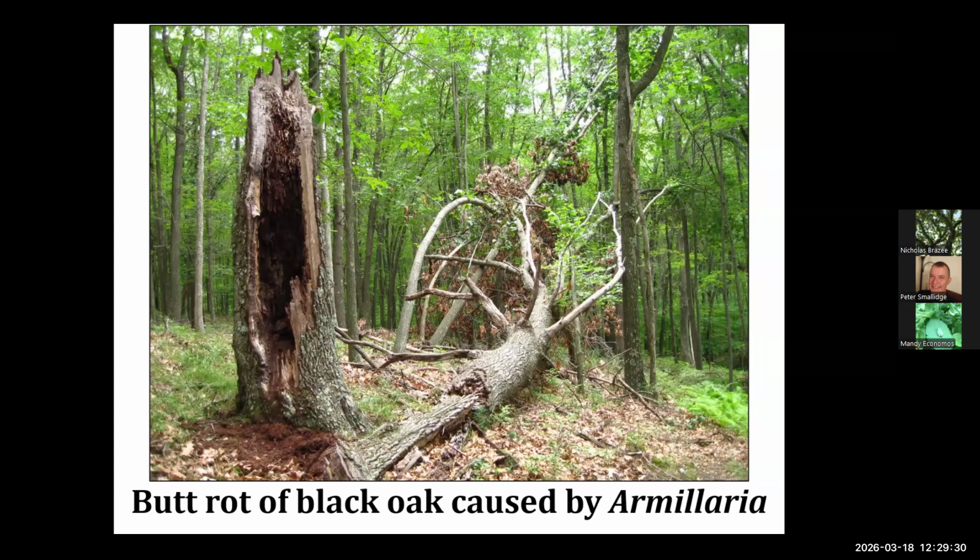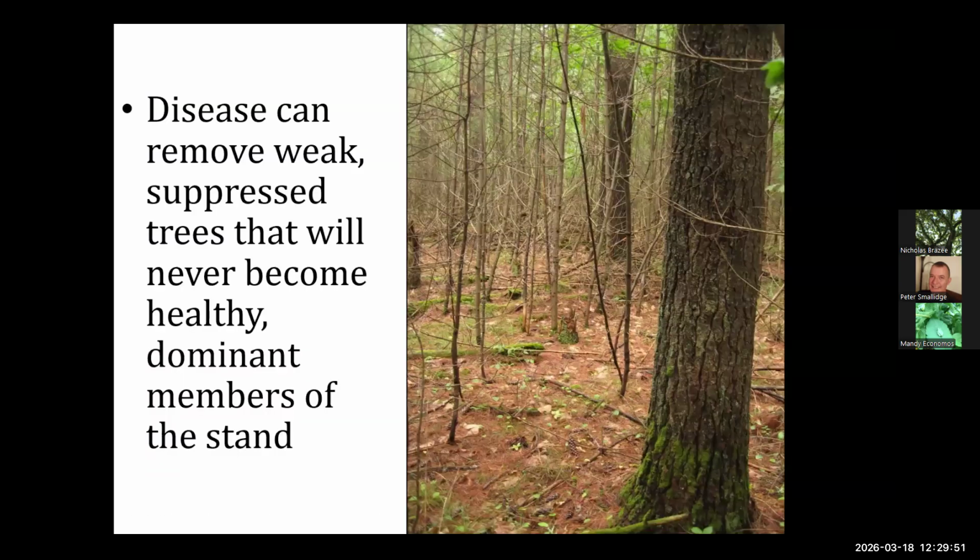And so we see this diversification in the structure of the forest. And so this is very beneficial over time. And so disease can be a very good thing in our forests. It's often vilified, and so we have to sometimes take a step back and recognize that disease is a good thing for our forests in order for them to remain healthy.